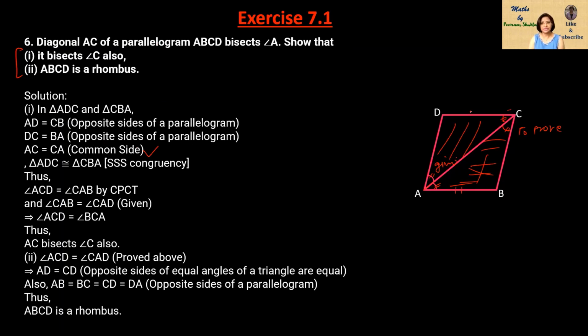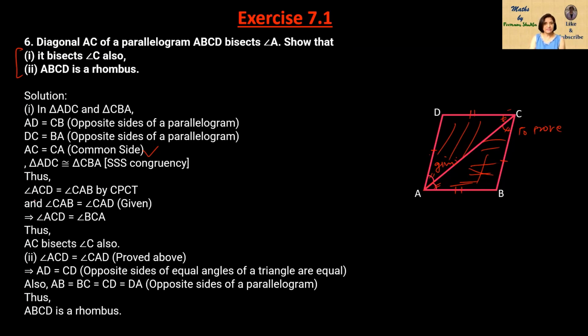So we can say triangle ADC and triangle ABC are congruent by the SSS congruency rule.